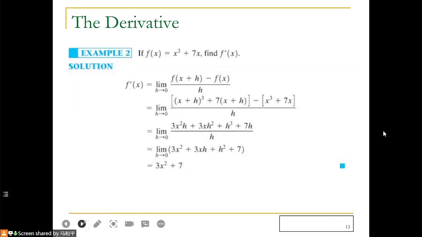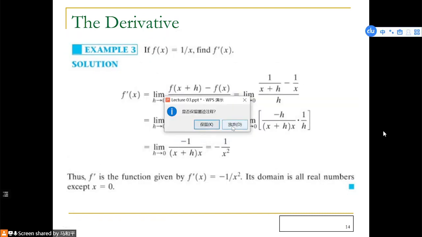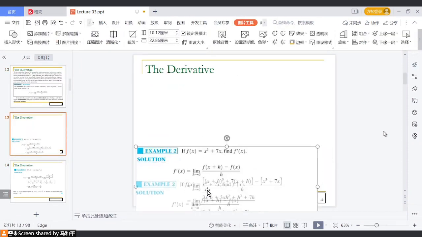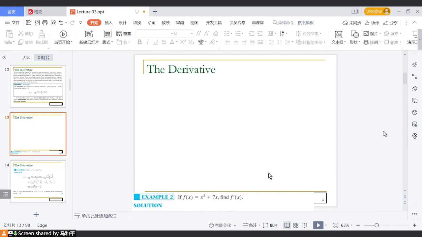Okay, for example, we should cover the answer and try. f(x) is x cubed plus 4x.